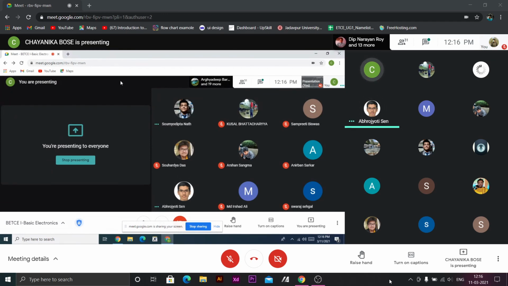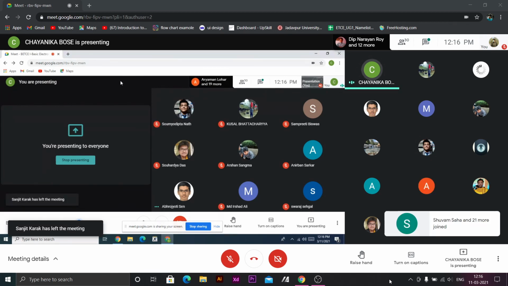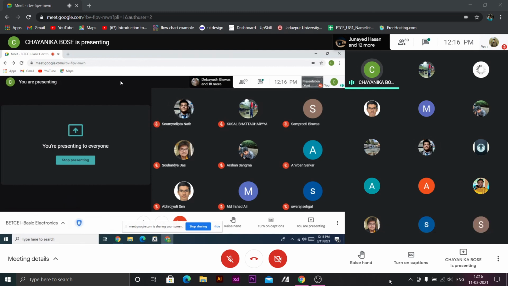Look, VB 0.7 means the base emitter junction gets full forward bias. So the cutoff region is ruled out. Now VCE is 0, but we know VB is 0.7. So VC is minus 0.7.